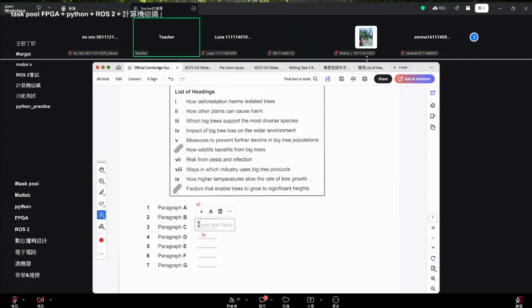And if we were to talk about paragraph C, other plants, because other plants literally explain the 2 alien species, right? Other plants, meaning those grasses.